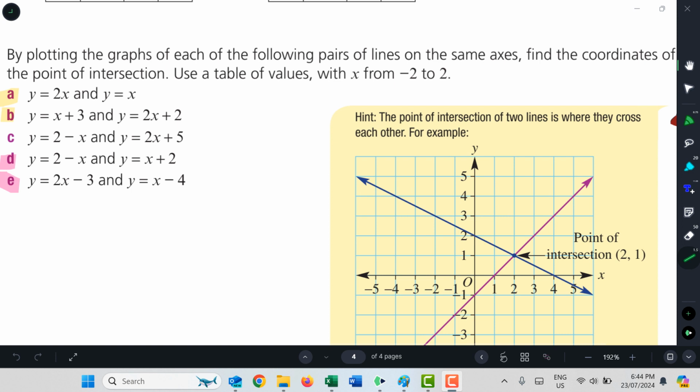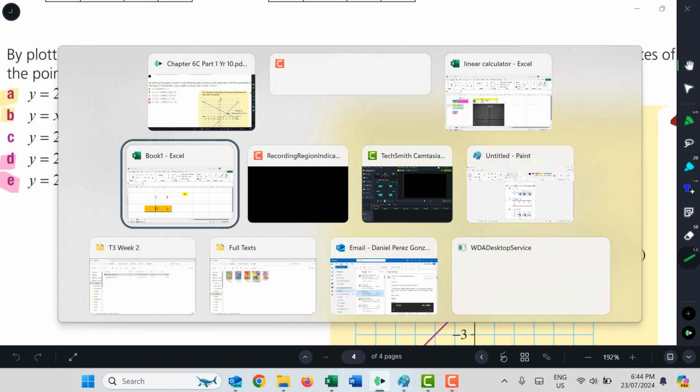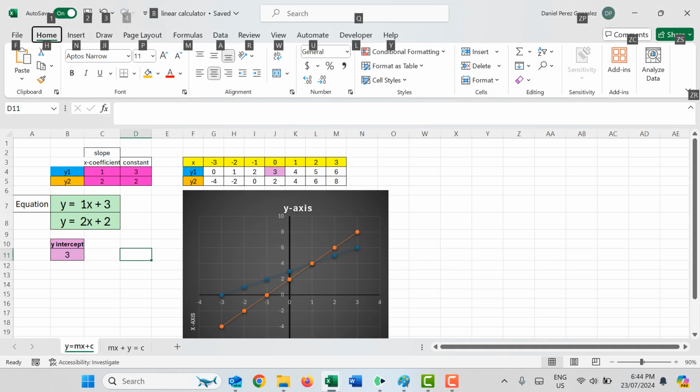Okay, for these next ones, I'm going to use further technology just to make things look a little bit neater. So it's y equals 2x and y equals x. So y equals 2x, there's no constant.